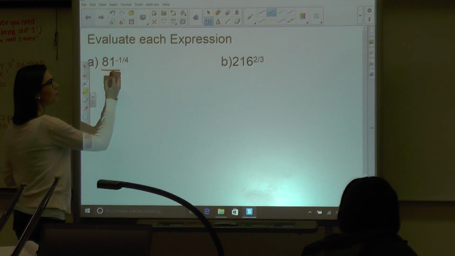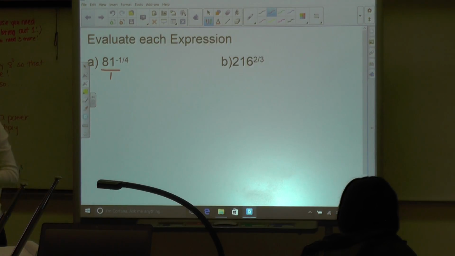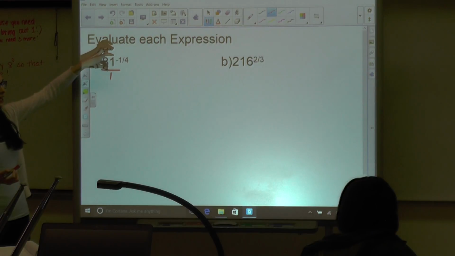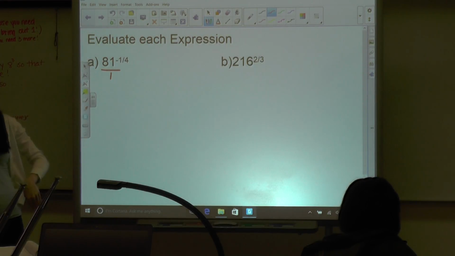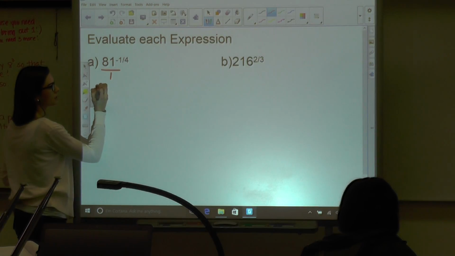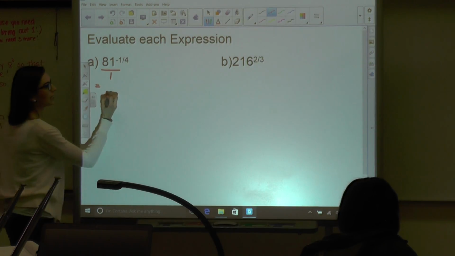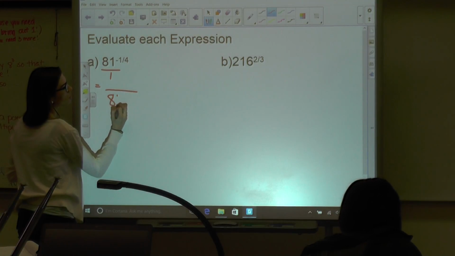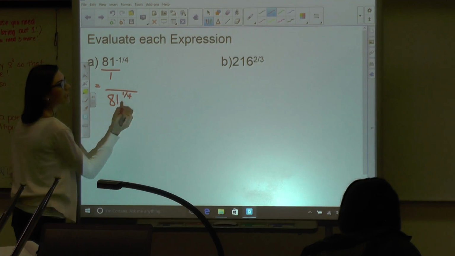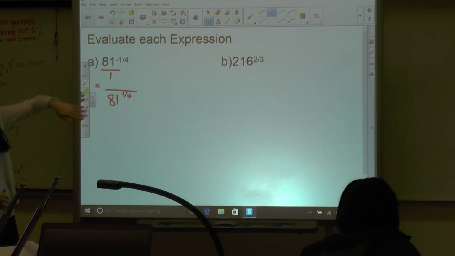This isn't a fraction, but can we make it one? Yes. So we're going to bring this 81 to the power 1/4 to the bottom, which is going to leave what on the top? We're taking the 81 to the power 1/4, bringing it to the bottom, it turns it positive, and what has to be left on the top?